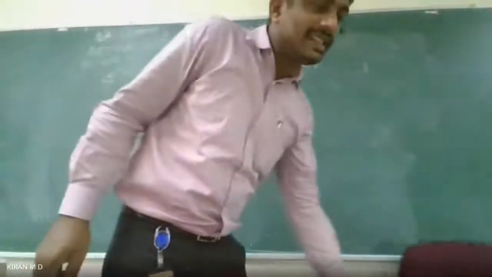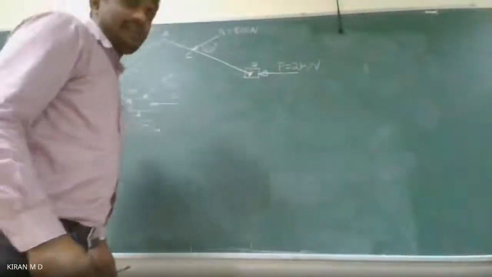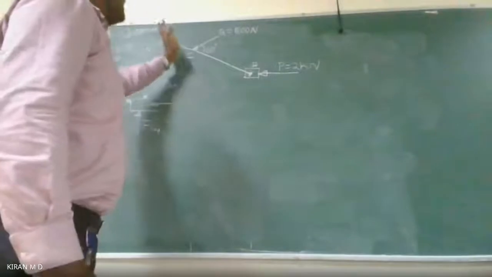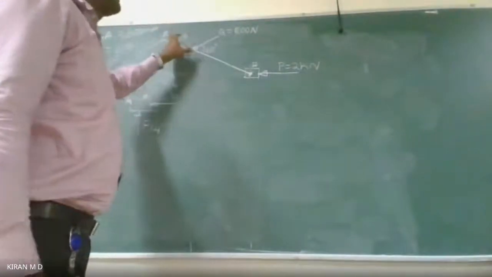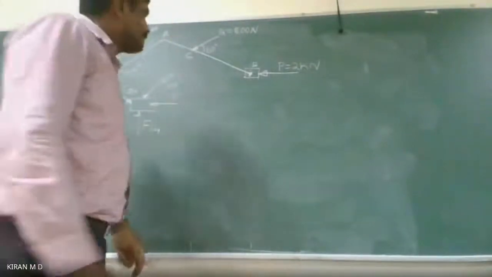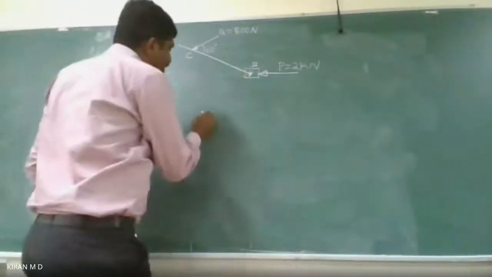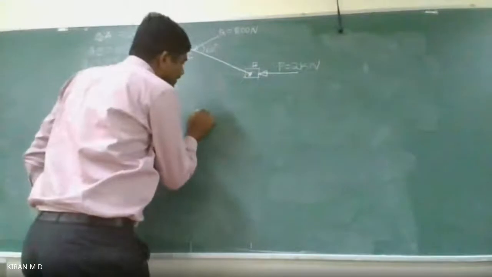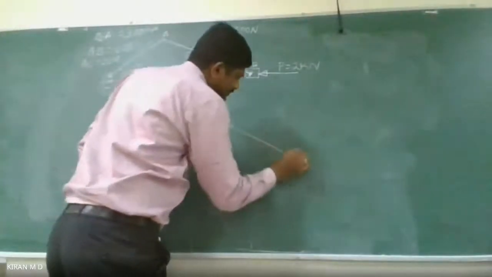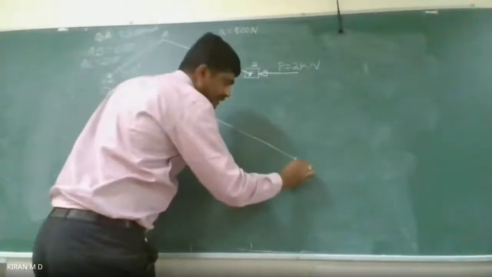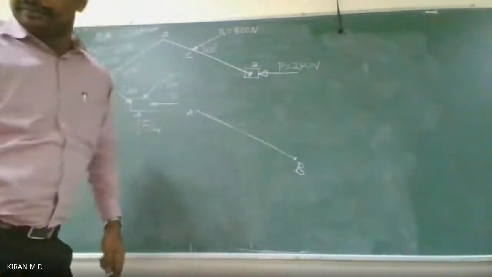So for these cases, we will resolve the forces from the connecting rod. How are we going to resolve the force? Take the same scale and draw a parallel 600 mm line. This is the length of AB.